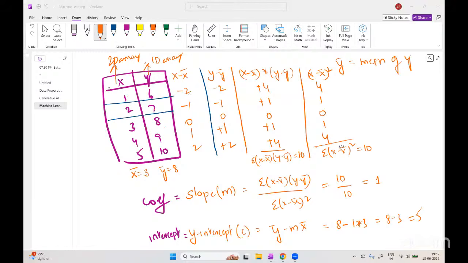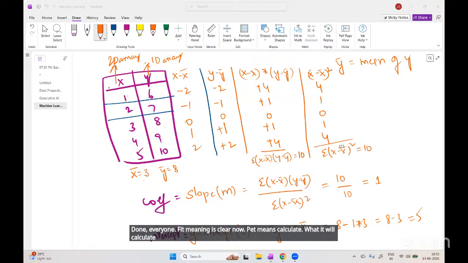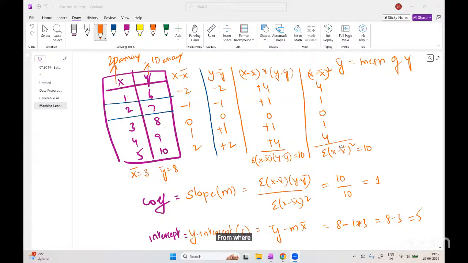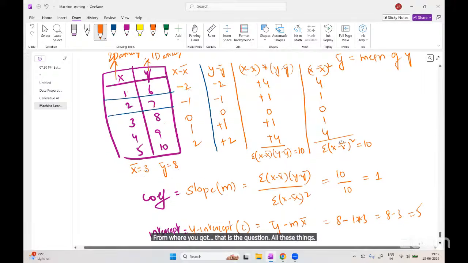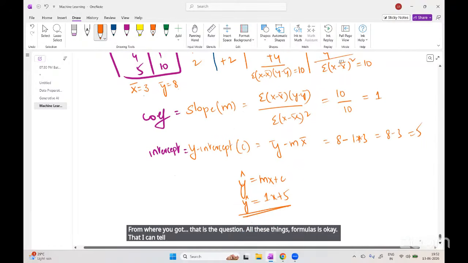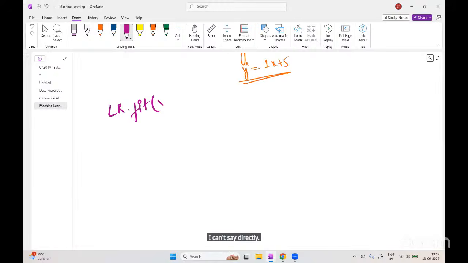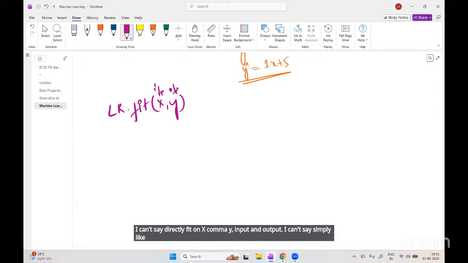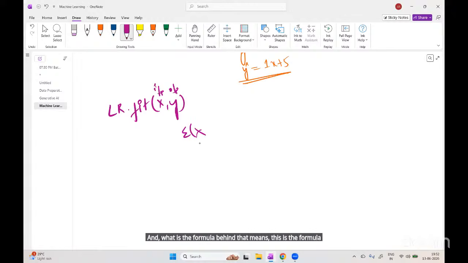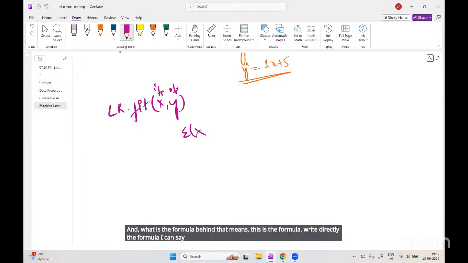Done, everyone. Fit meaning is clear now. Fit means calculate. What will it calculate? It will calculate these formulas. But the first question you'll get in your mind is, sir, why these formulas? I can't say directly, simply fit on x comma y, input and output. How did you get that formula?